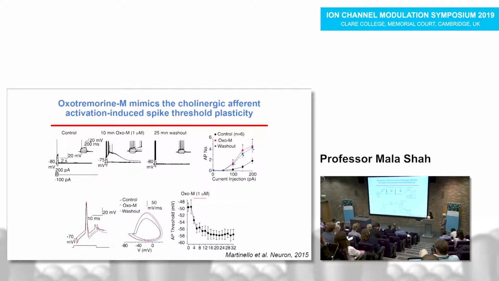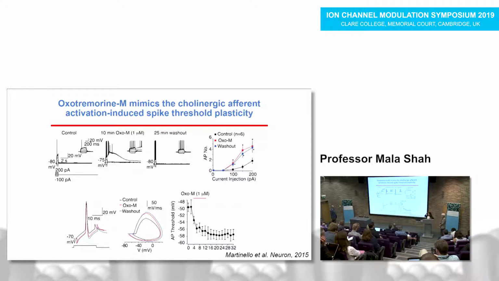Yeah, so what I would predict is, we did some EM staining for muscarinic M1 receptors, which I haven't shown, and they are present at a very low density on the mossy fiber terminals. But you also have metabotropic glutamate receptors, quite a large number on that, as you know.